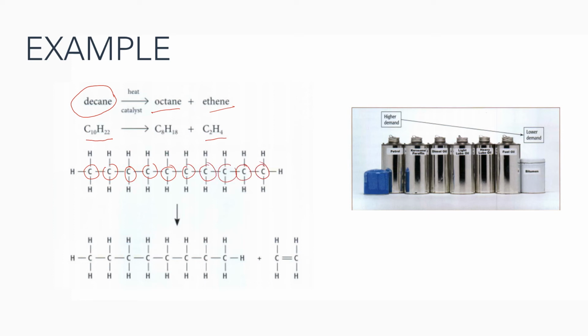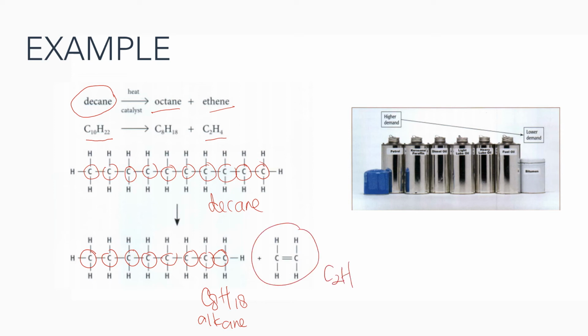Then carbon: this is decane, 1, 2, 3, 4, 5, 6, 7, 8. So here C8H18, because there is no double bond, this one is an alkane but shorter. And then ethene, C2H4.